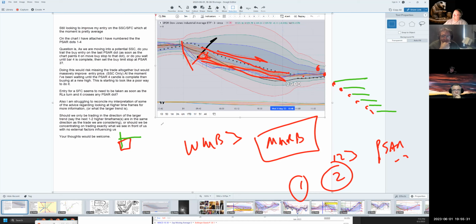Let me draw price in blue. So that was the price, and then it closed here, and then it opened here, and then did this. Now your entry is here, and then it just keeps selling up.